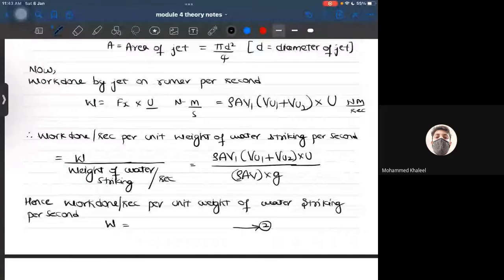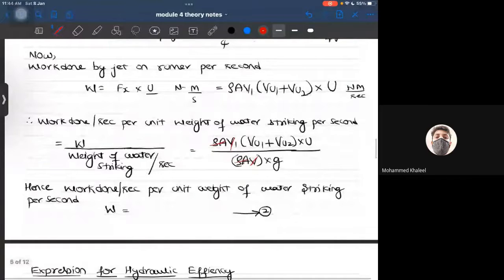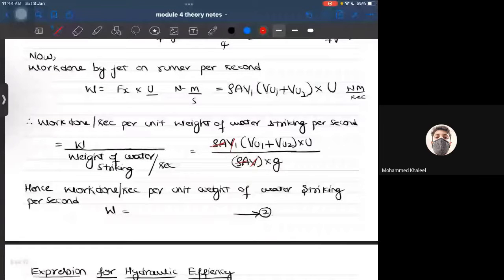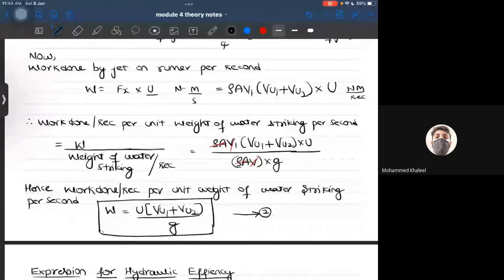Rho A gets cancelled and V1 gets cancelled, correct? So what is remaining? Remaining is U into VU1 plus VU2, divided by g. This becomes the final expression for the work done per second by the water on the Pelton wheel. So this is your final expression. Okay, is it clear?